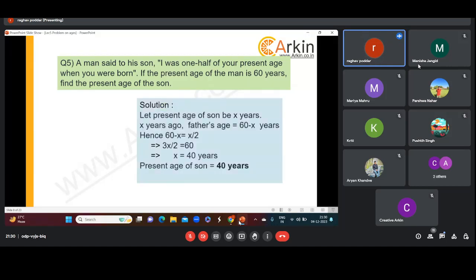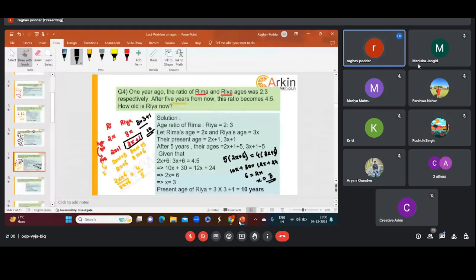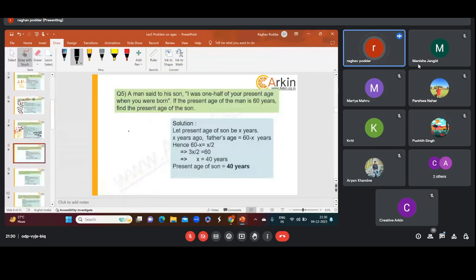See, if I've assumed the present age of son as x, so at the time of the birth, suppose if I say that Aryan, you are 20 years right now, okay? And your father is 50 years. So at the time of your birth, what would be your father's age, Aryan?